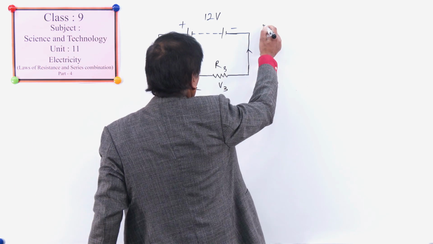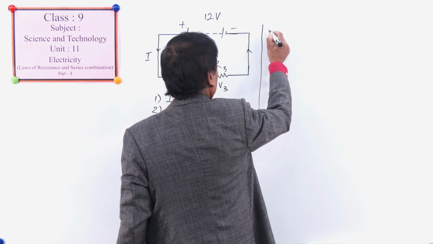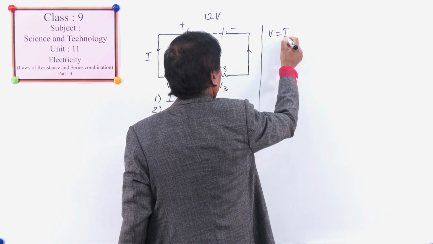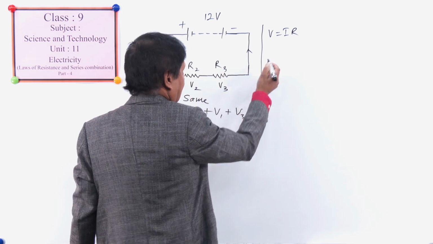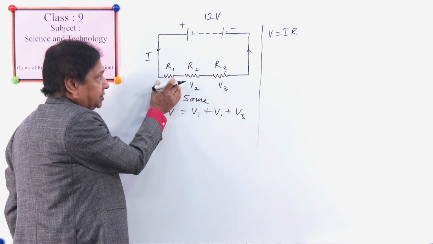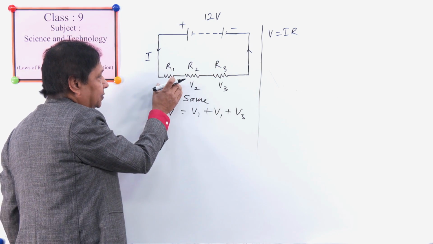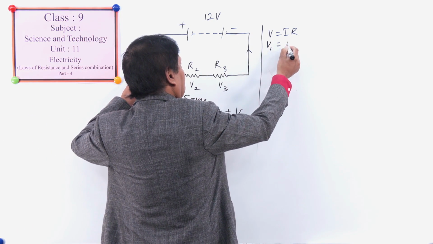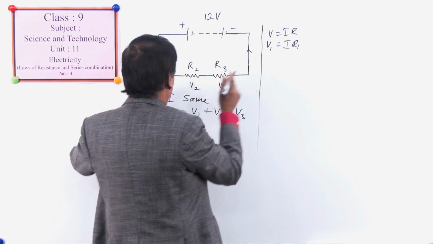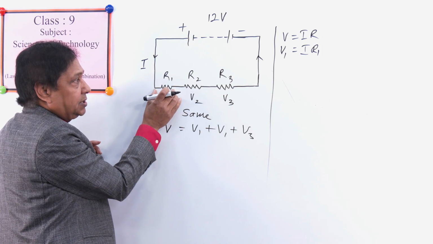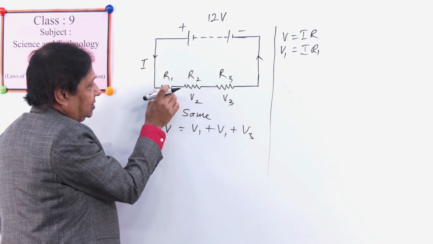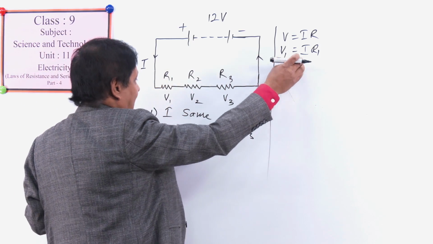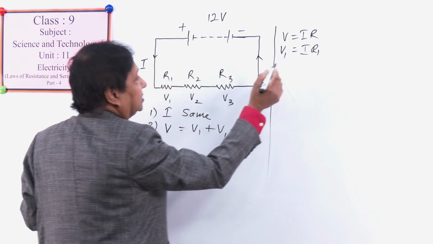Now we know Ohm's law also, it was taught in the previous class: V equals IR. For the first resistor, the same Ohm's law gives V1 equals IR1, because the PD across the first resistor is V1, the current in this resistor is I, and the resistance is R1.